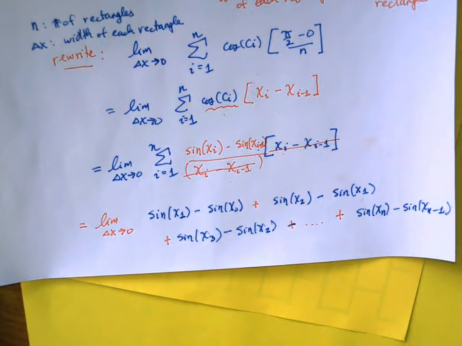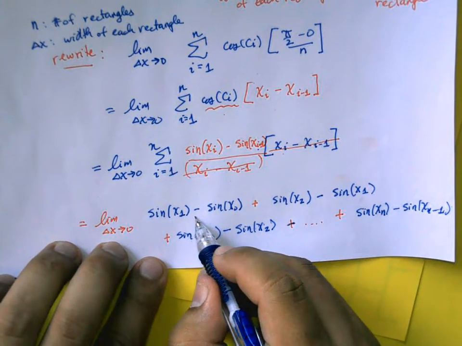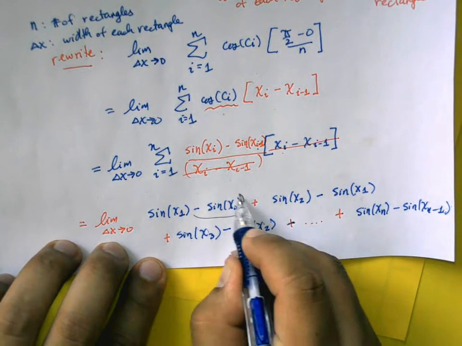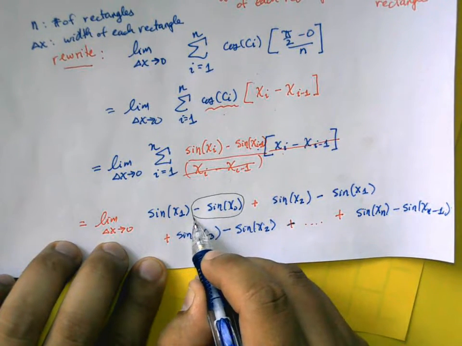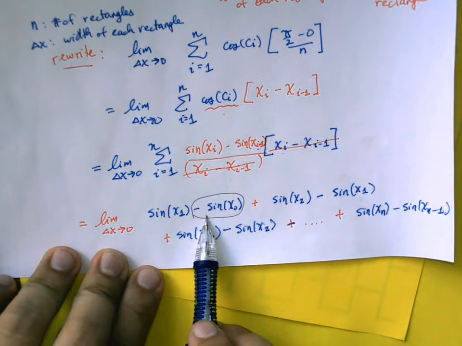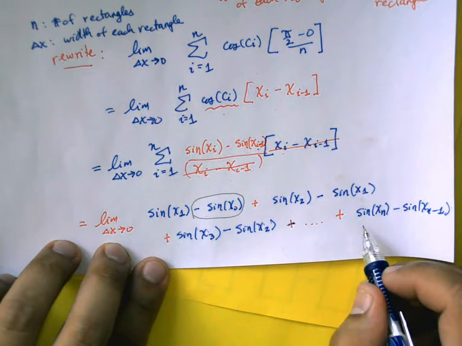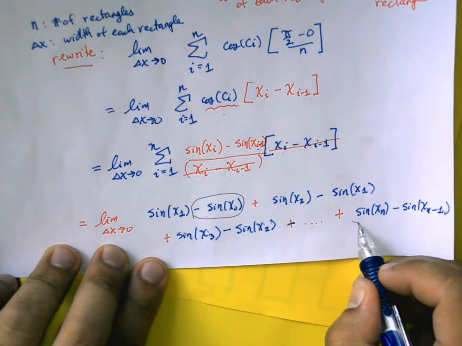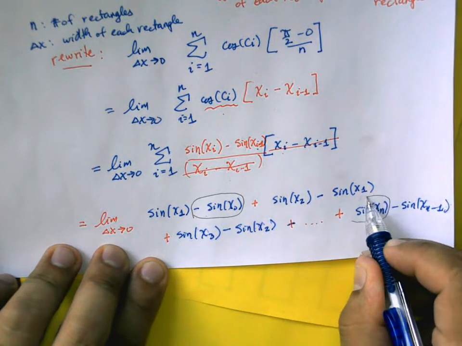I don't know if you notice as we do this, you can see here that we have a negative sine of x sub 0. That term is somewhat unique, and we have sine of xn.